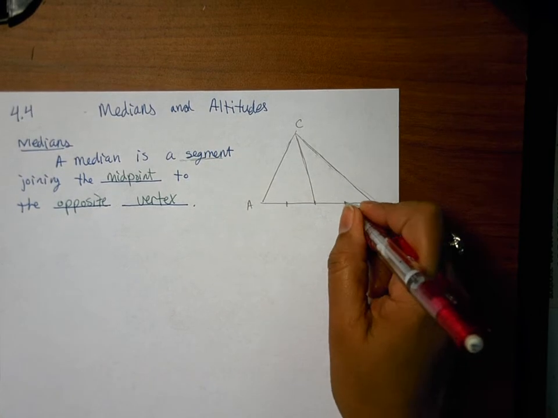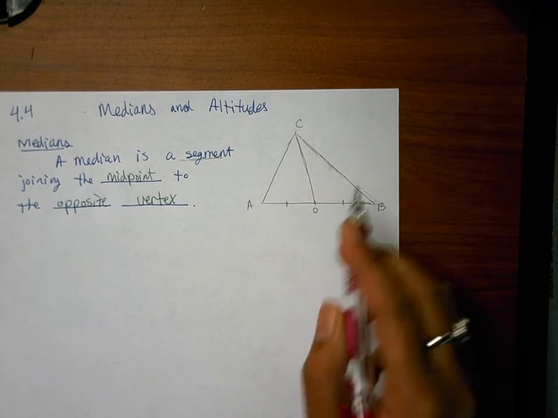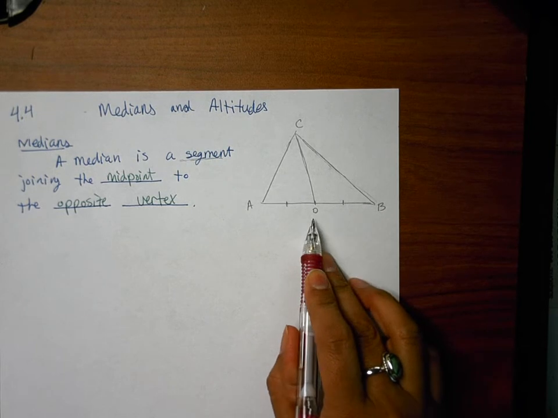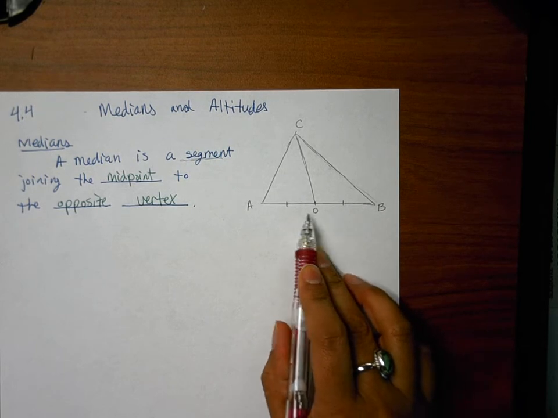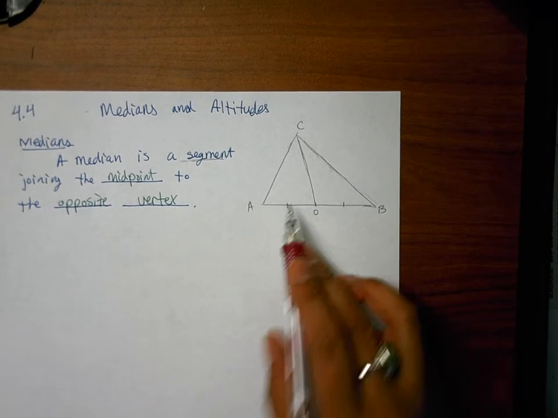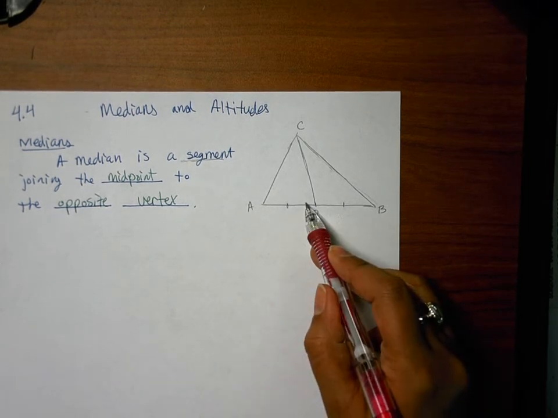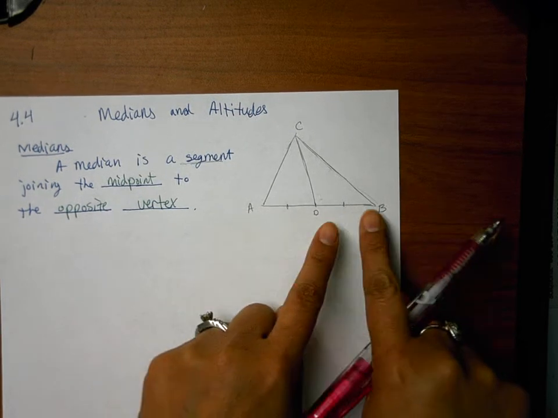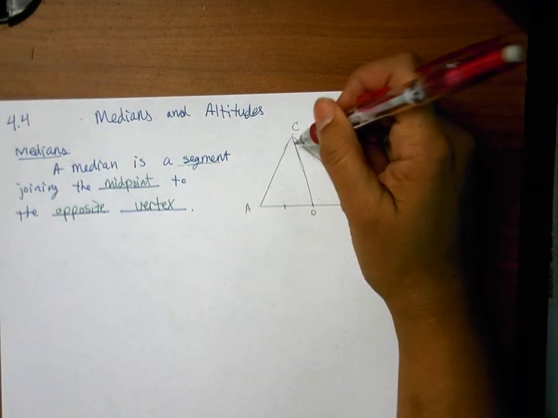All right, so if you found the median, these two segments here would be congruent. I'll call that D. AD would be congruent to BD. Do you see how that works? So it's not necessarily perpendicular here. It might be depending on the triangle, but it's not always the case. So you can see that these two angles are not congruent.